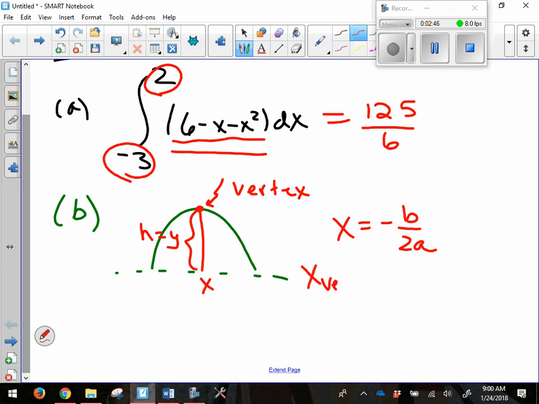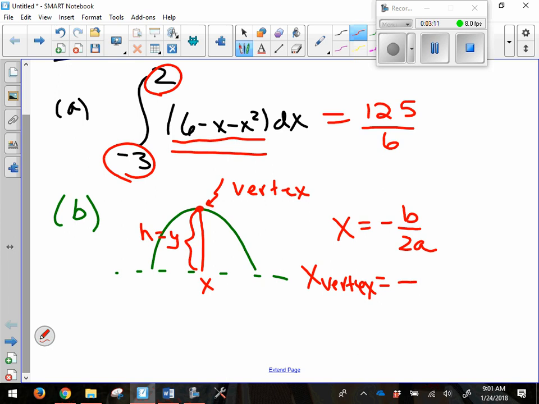So x for the vertex is going to be negative. What's b going to be? Not 1.